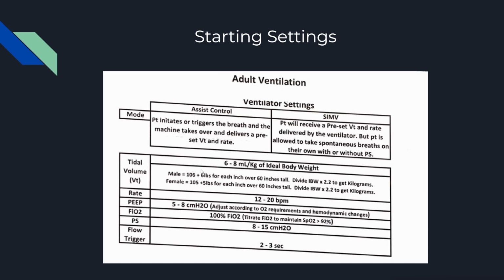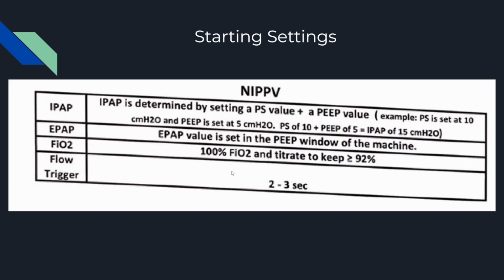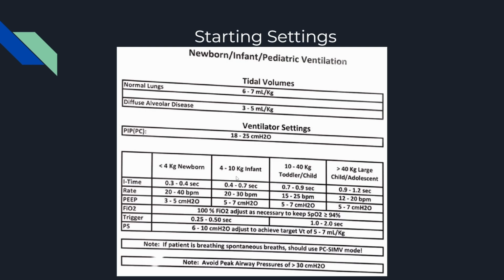For a male or a female, you do this exact same formula, but for every inch below 60 inches, you just subtract 6 pounds, or it's even easier. You take the Broselow tape and you find out what color they are, because that'll tell you what the weight is. Then if they have diffuse alveolar disease, you only give them 3 to 5.